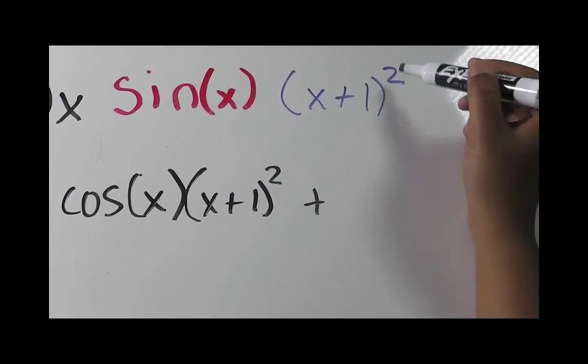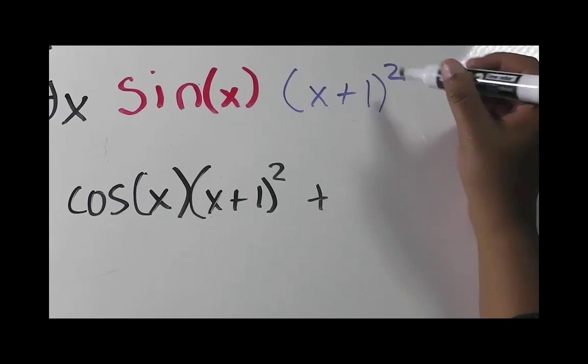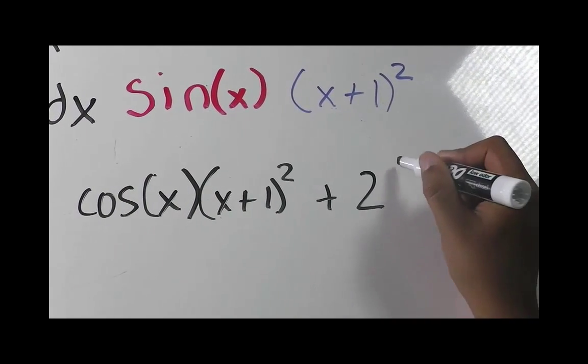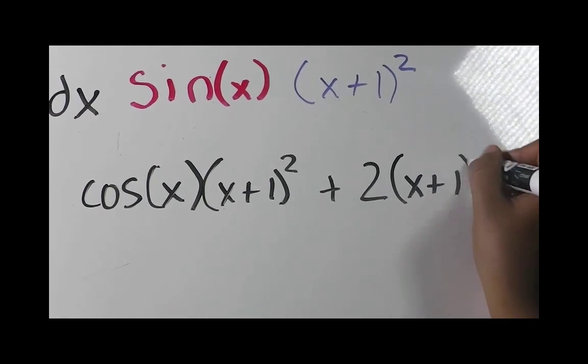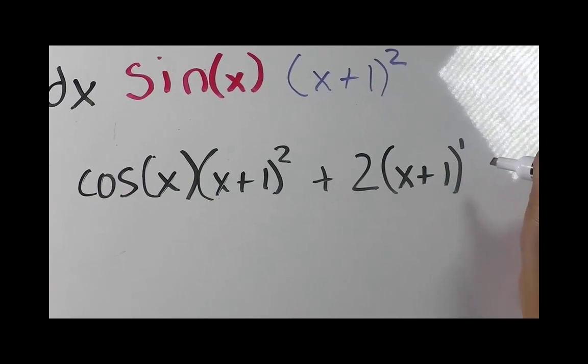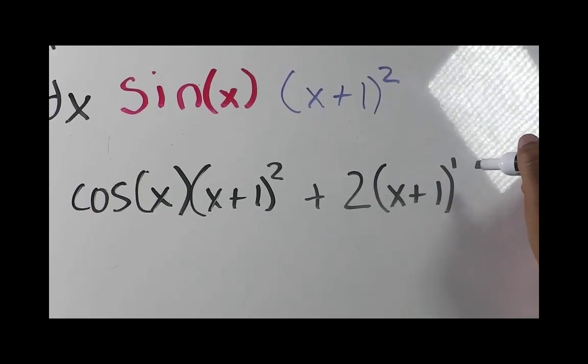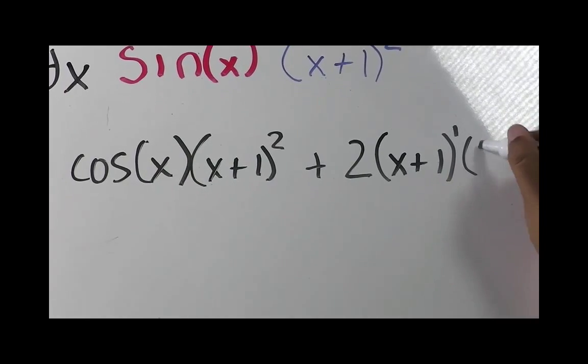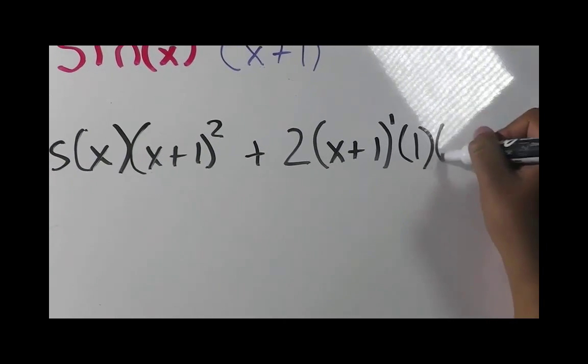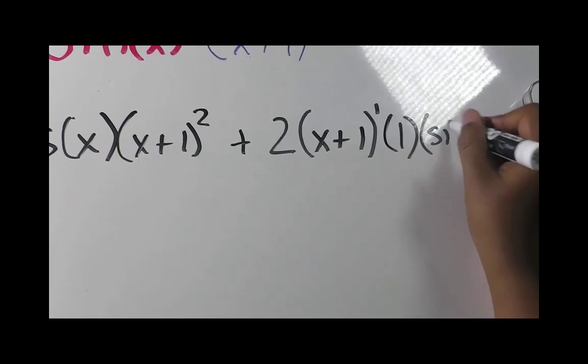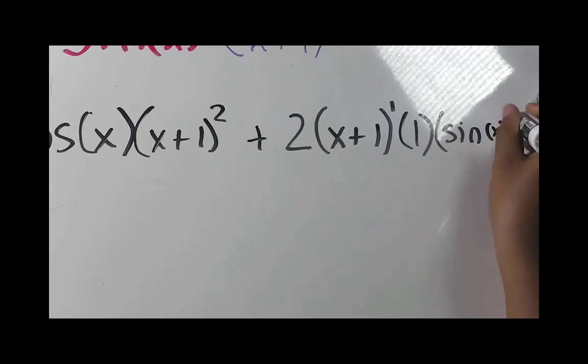And remember, for the derivative of the second, you have to use the chain rule. So this actually becomes 2(x plus 1), and then the derivative in the middle, which is just 1, times the first, sine of x.